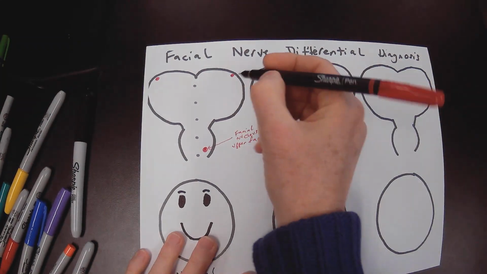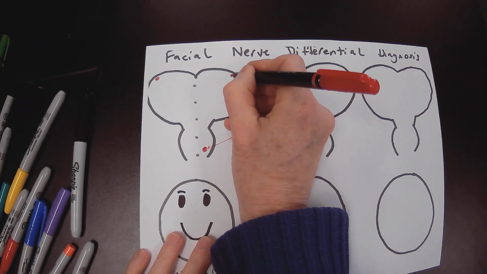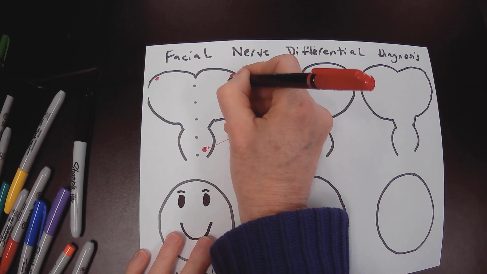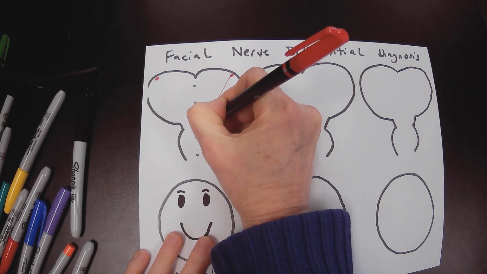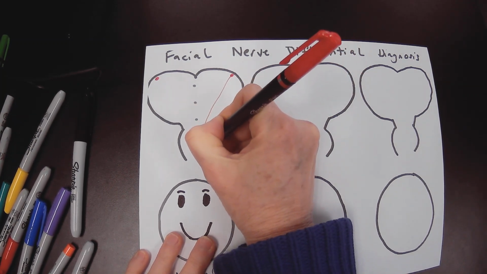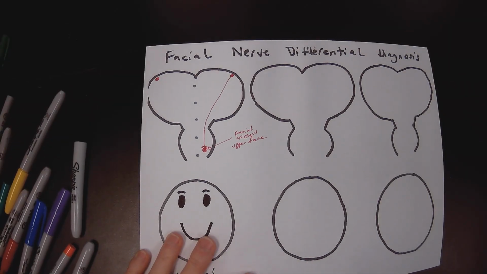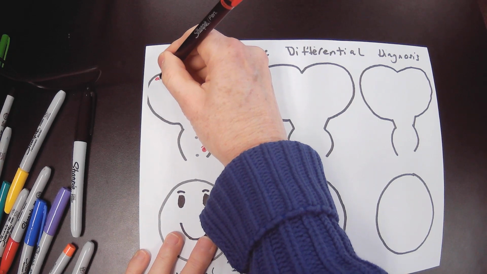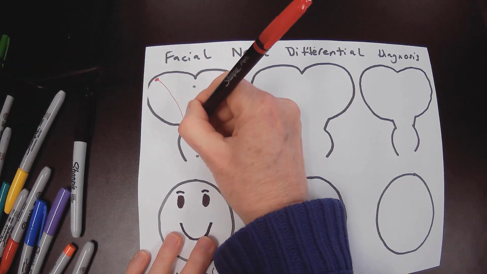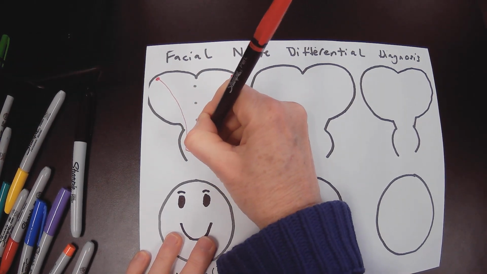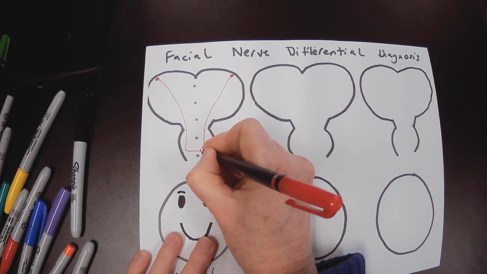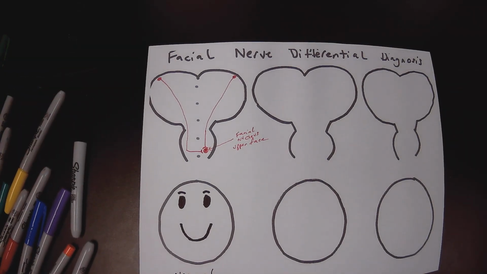And what happens is the ipsilateral side sends out axons that travel down to synapse here, and also synapses with the other side. And then the opposite side comes down and crosses over at the level of the facial nucleus to synapse.